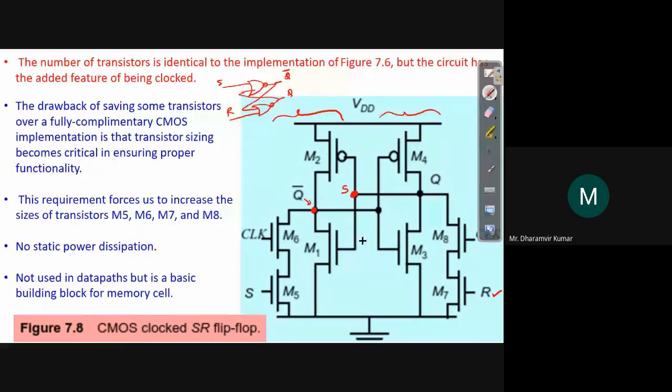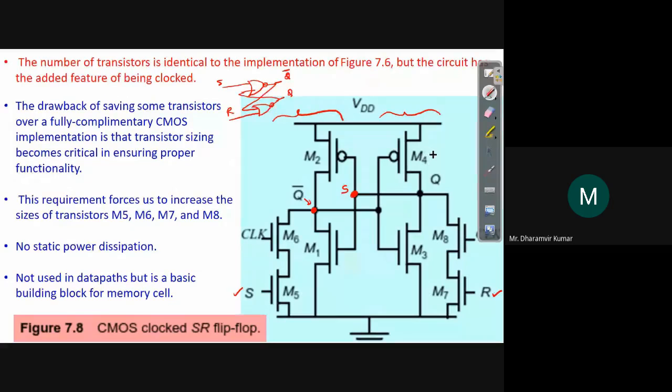NOR means the two inputs should be provided to the two NMOS devices in the pull-down network, which are connected in parallel to each other. M3 is in parallel to M7, and this R input is provided here. And S was provided here for the first NOR gate. In the pull-up network we have just one PMOS.